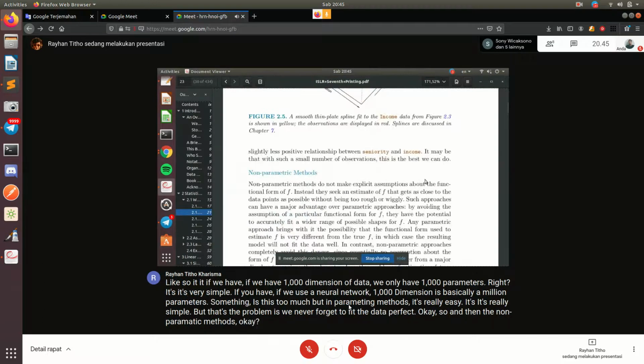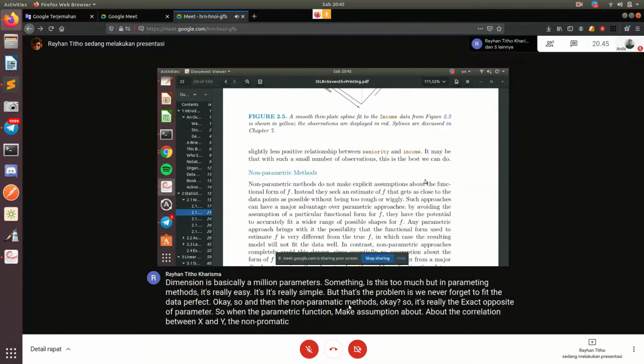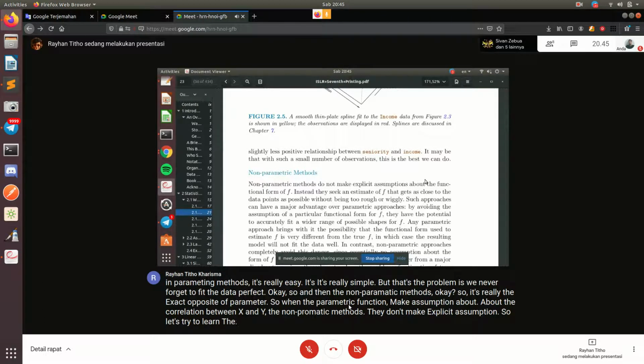It's really the exact opposite of parametric. While parametric functions make assumptions about the correlation between X and Y, non-parametric methods don't make explicit assumptions. They try to learn the relation by themselves.